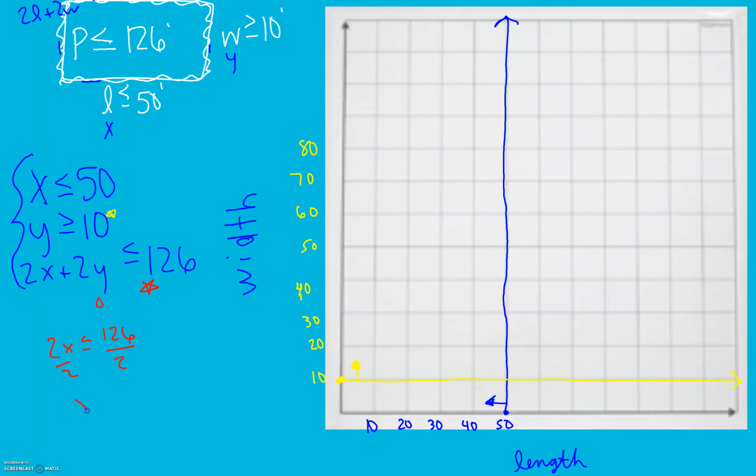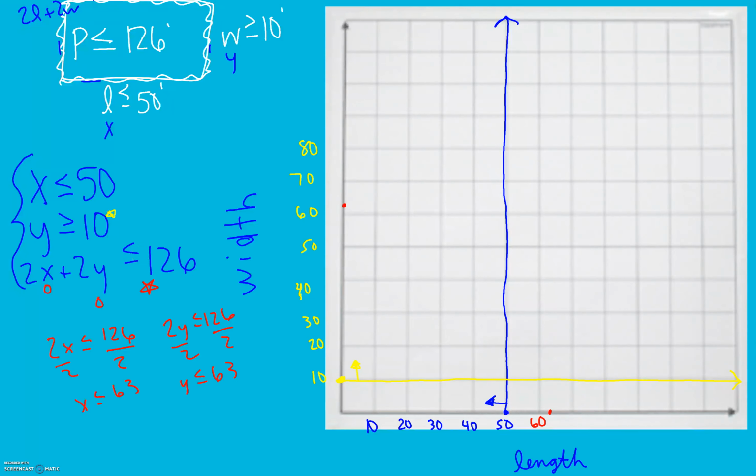Divide by 2. And x is less than or equal to 63. So at 63, I have a point. My y-intercept, I'm going to plug a 0 in for x. And same idea, bring down the rest of it, divide to get y by itself, and again I get 63. So at 63, I'm going to have a point.